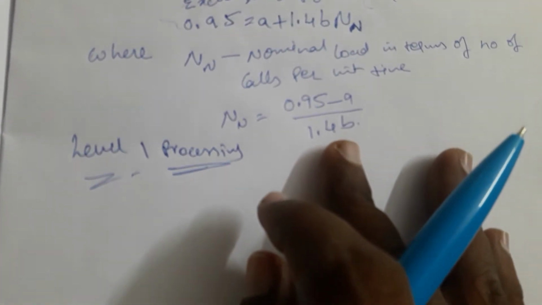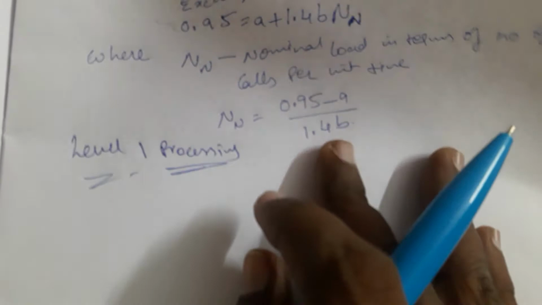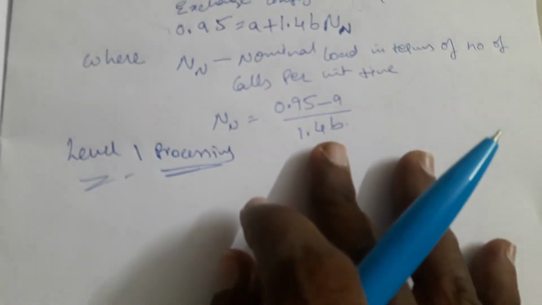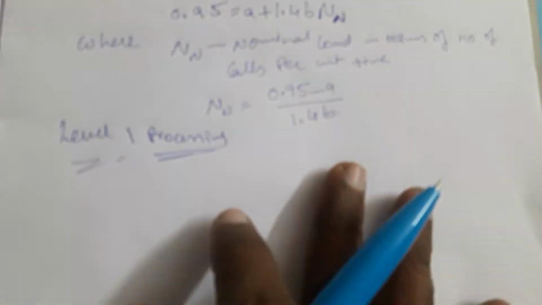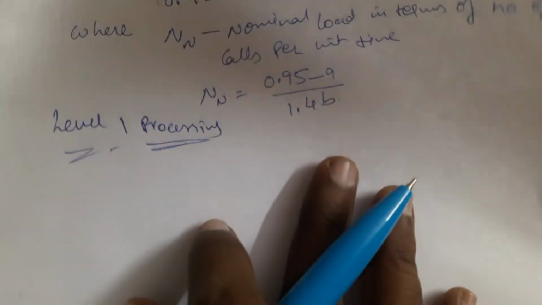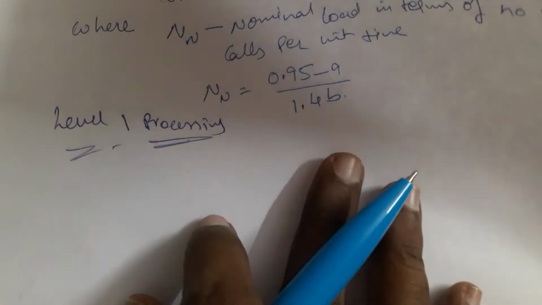Fourth one is supervising operation of exchange. Fifth one is fault error detection and correction. Sixth one is man and machine interaction. Seventh one is monitor traffic. Eighth one is administer the exchange hardware and software. And ninth one is run diagnostic and test programs.